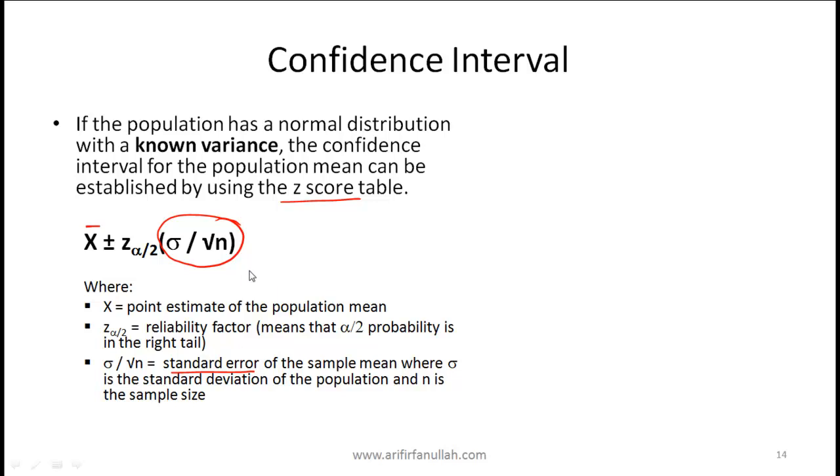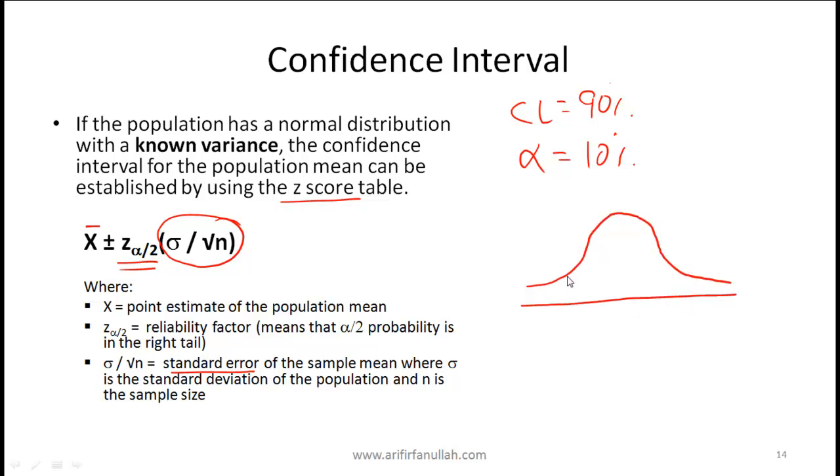Now what's the interpretation of this? The interpretation of z alpha over 2 is as follows. If alpha is equal to 10%, this means that our confidence level is 90%. And the way we look at this is, if we have a normal distribution, alpha equal to 10% means we have 5% in each tail and 90% in this area.